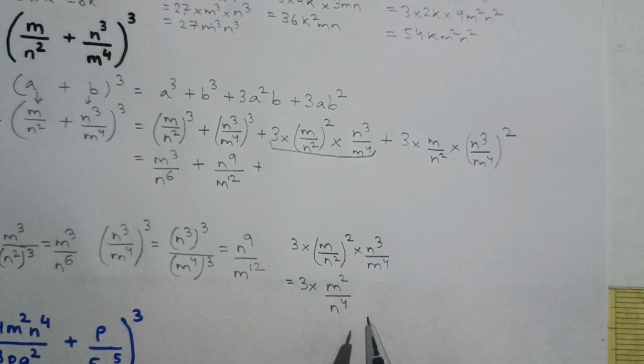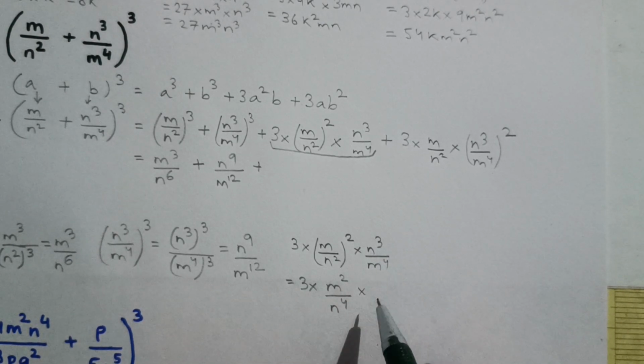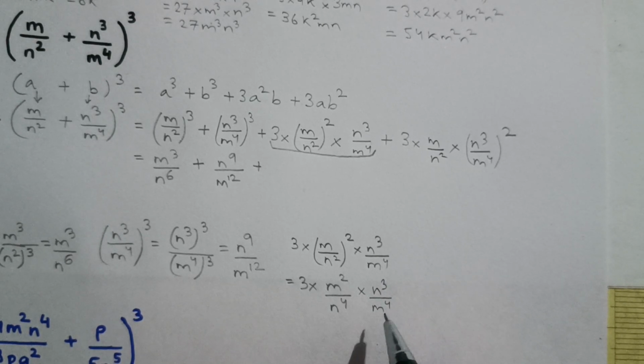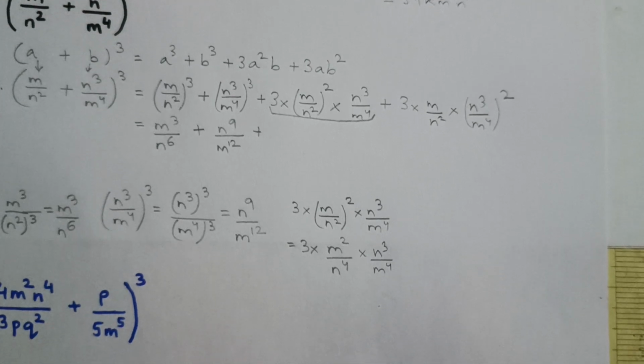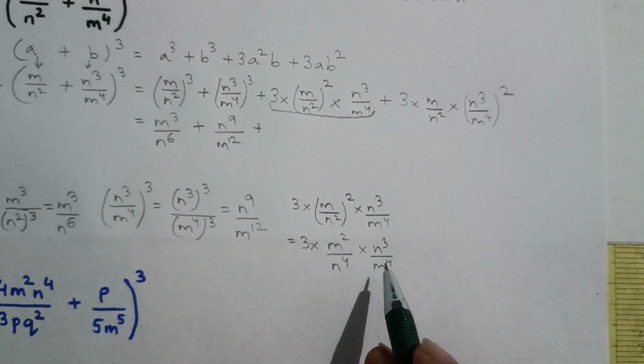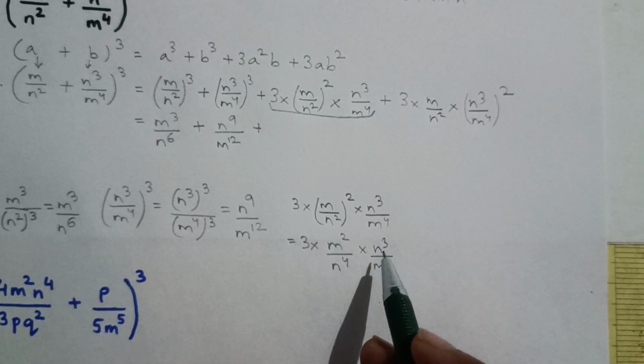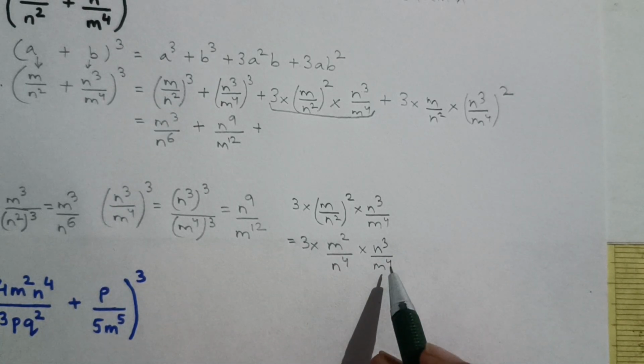That is multiplied to n cube upon m to the power 4. And now let us simplify this. 3 into m square upon n to the power 4 into n cube upon m to the power 4.